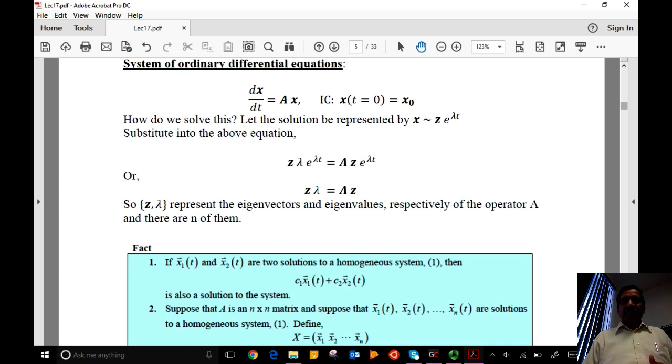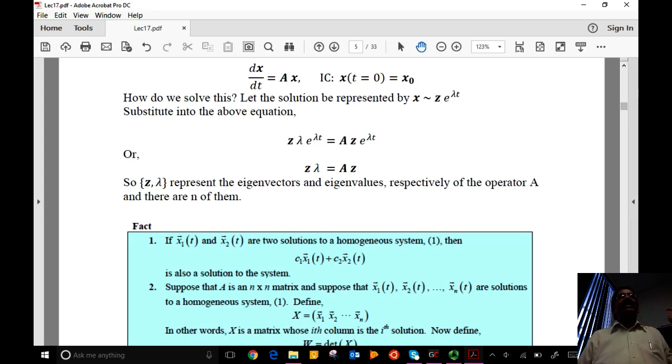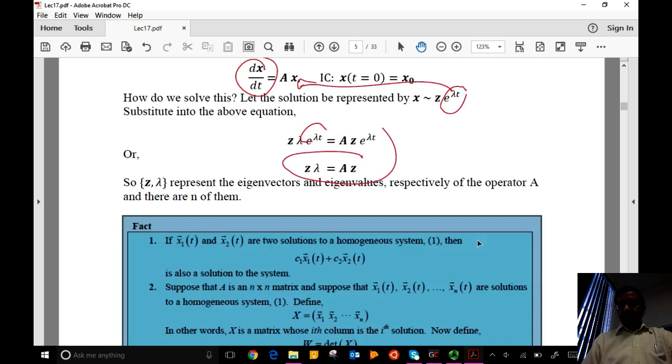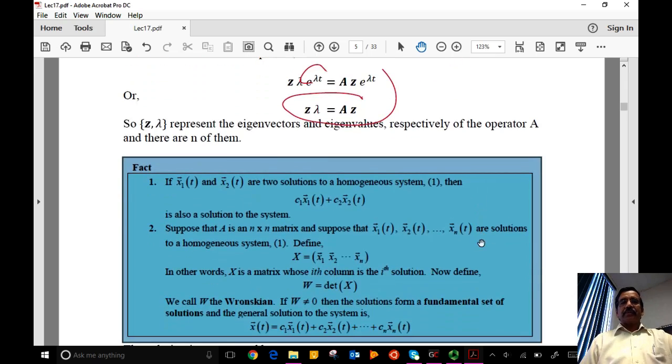Okay. So you know how the eigenvalue problem comes from this one, right? Essentially you are proposing a solution of this form, e to the power lambda t, and plugging it in there. When you take the derivative on the left-hand side, e to the power lambda t is an eigenfunction. It will give you lambda times e to the power lambda t. That's how you get the eigenvalue problem. So you need to find the eigenvectors, and you express the solutions in terms of the eigenvalues and eigenvectors of that matrix.